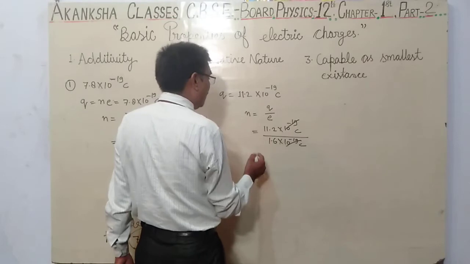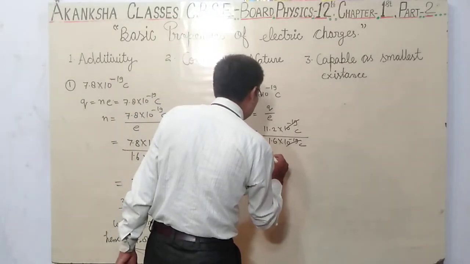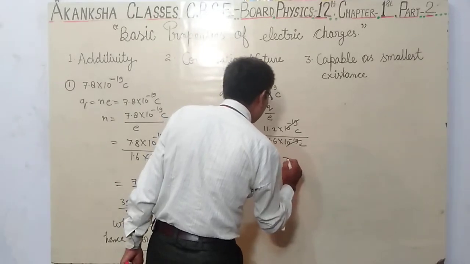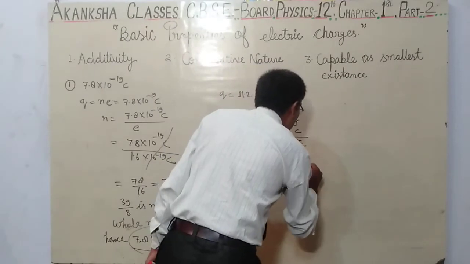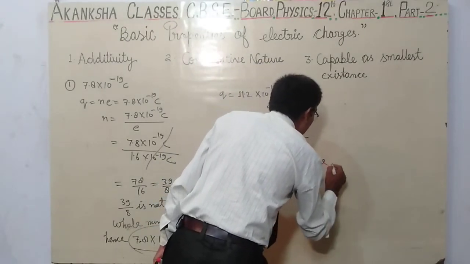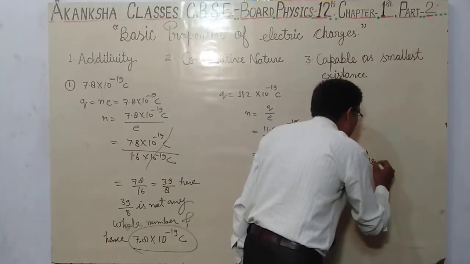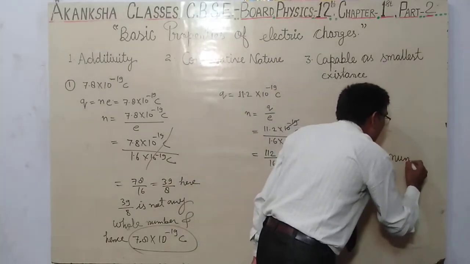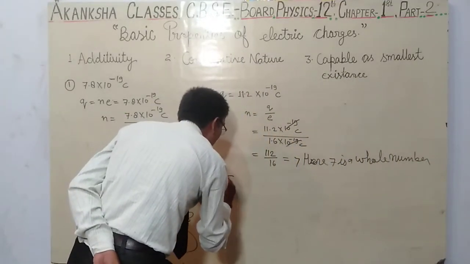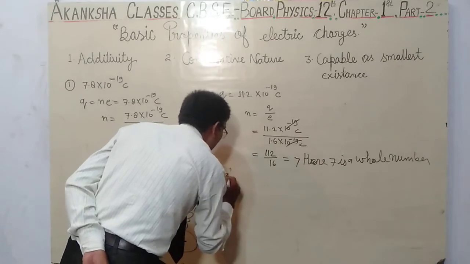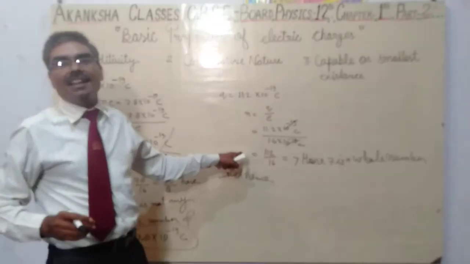If we remove the decimal from numerator and denominator both, we will get 112 by 16, and 16 times 7 is 112. Here 7 is a whole number, and hence the given charge is real.